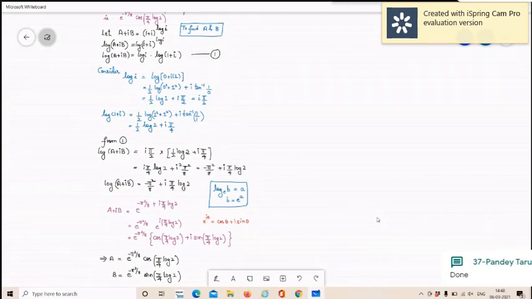Nobody has a doubt? Because many of them have written understood. So I am proceeding further now.